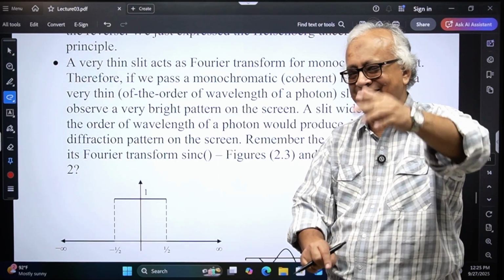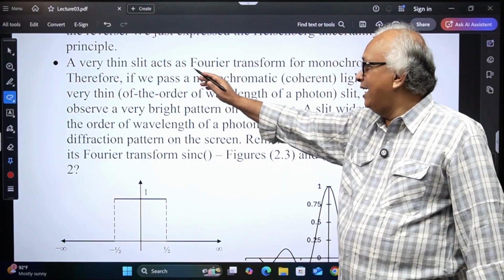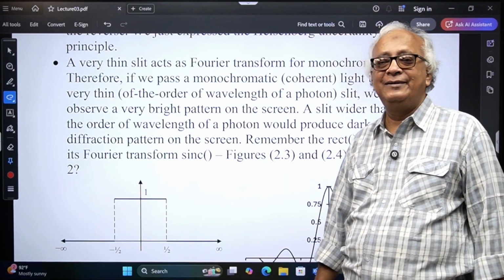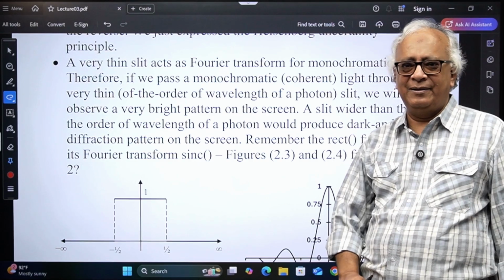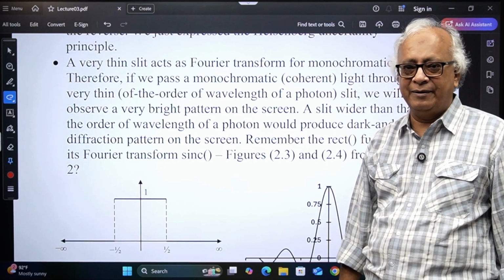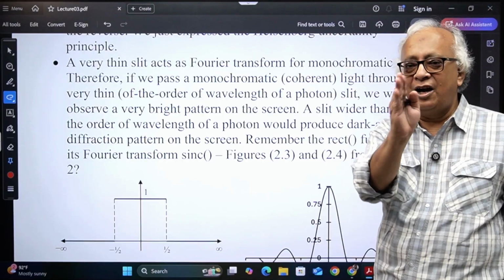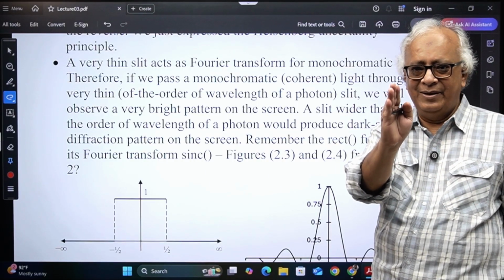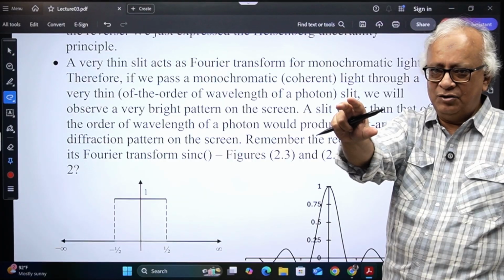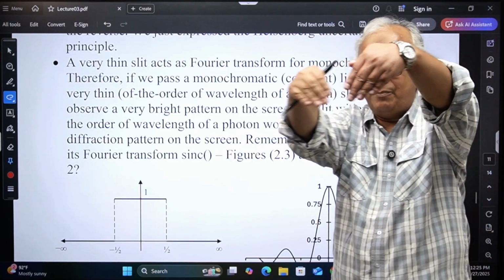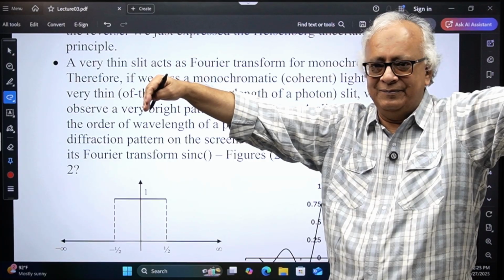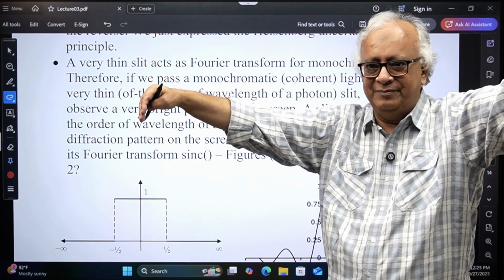Magic. A thin slit acts as a Fourier transform for monochromatic light. Thin slit is delta. If I pass monochromatic light through it, a diffraction pattern appears on the screen in front of me, the Fourier transform.